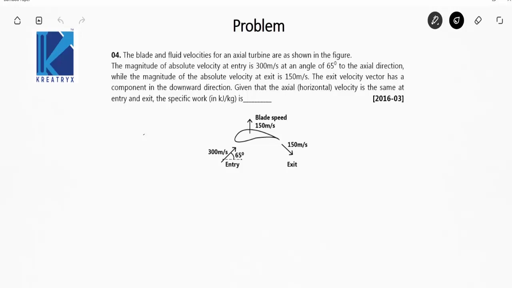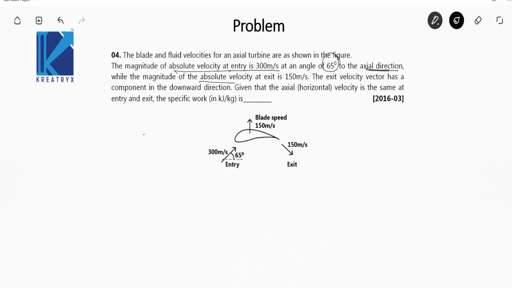Okay, so the blade and fluid velocities for an axial turbine are as shown in the figure. The magnitude of absolute velocity at entry is 300 meter per second at an angle of 65 degree to the axial direction. Okay, absolute velocity at entry is 300 meter per second, angle is 65 degree to the axial direction, while the magnitude of the absolute velocity at exit is 150 meter per second.